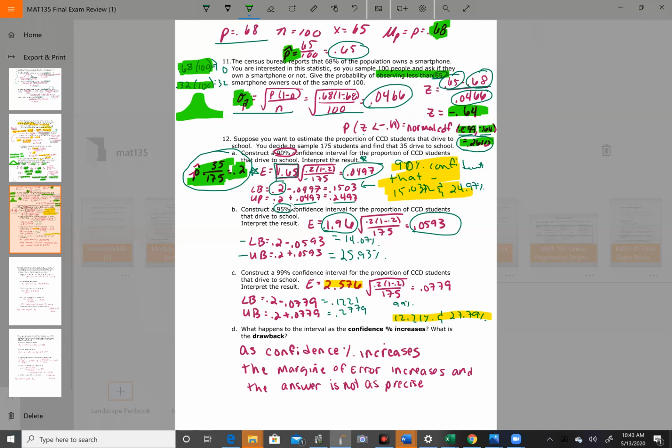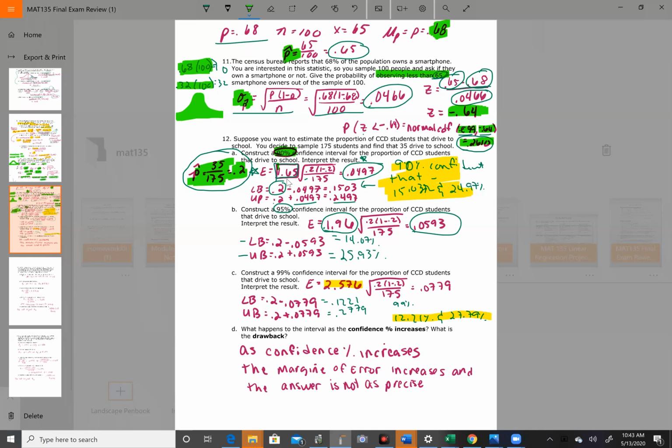Interpret the results. So we need to use this 90%. If you can find that table from when we were doing confidence levels, I can't remember which module it was, it gave us the numbers to use for a margin of error based on our confidence interval.